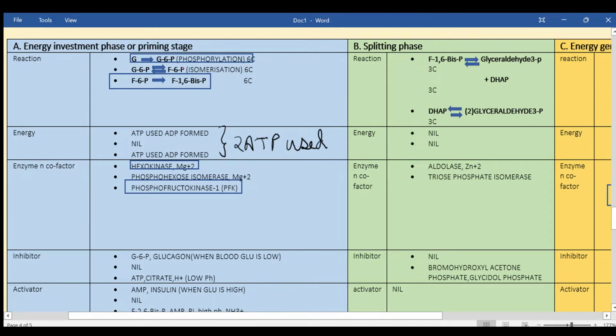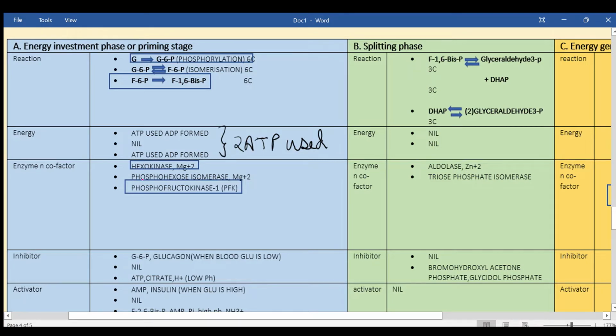So no addition or removal of phosphate, it is only the conversion of product. But in the first and the third step phosphates are added, that is why energy is used up in the first and the third step. So a total of two molecules are used up, in glucose to glucose 6-phosphate and fructose 6-phosphate to fructose 1,6-bisphosphate. I hope this is clear.